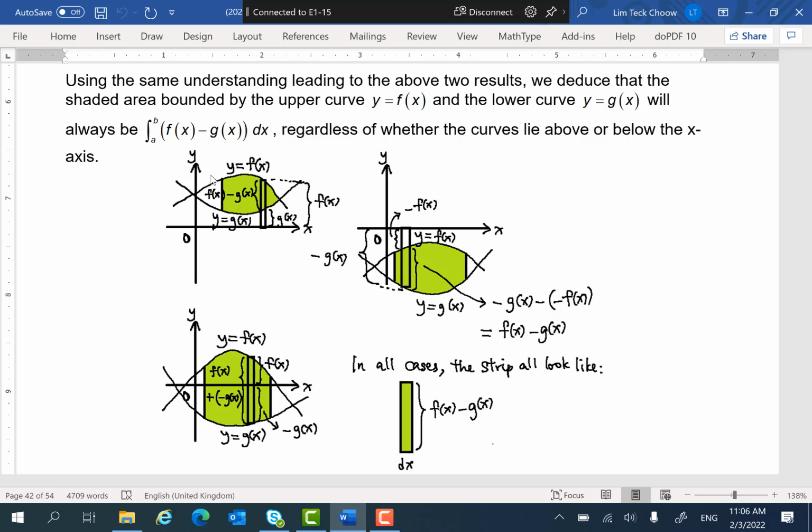Even like that, in the first graph part of it is above and part is below. Likewise, in the second graph part of it is above and part is below. Even then, as long as one curve is consistently above the other, lo and behold, this formula works.